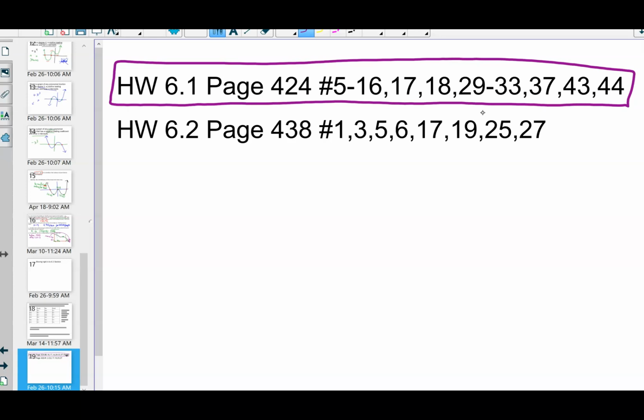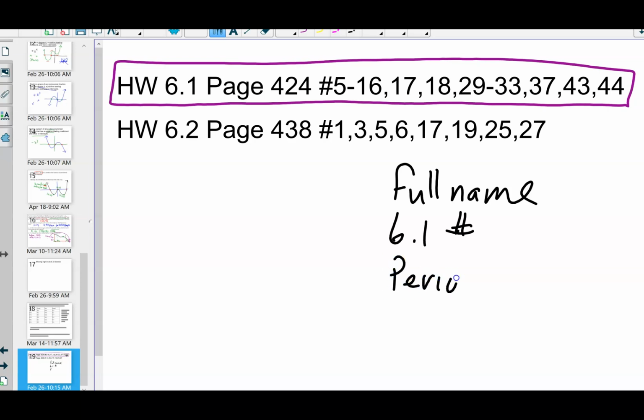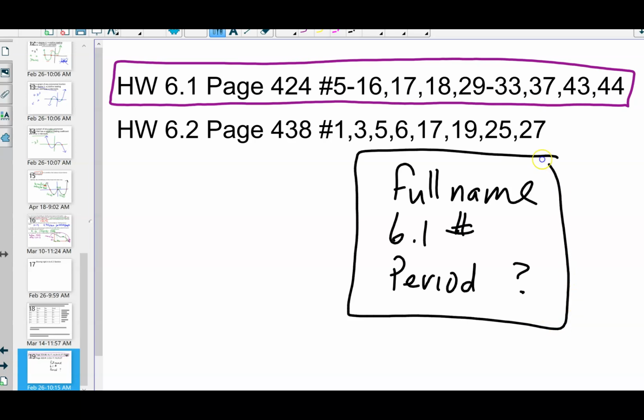But your homework has to have your full name, the section with the numbers, and period, whatever your period is. It has to have these three things on your paper that I can visually see before you upload this assignment.